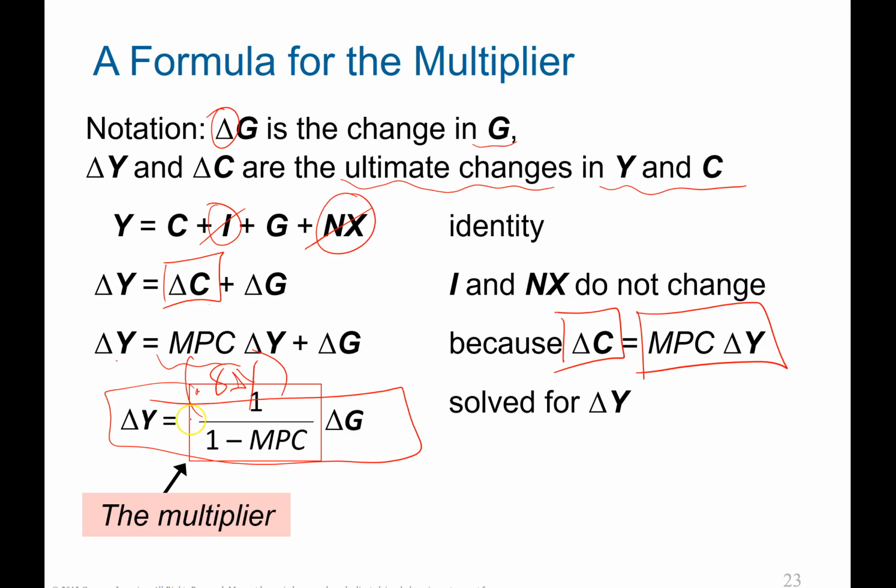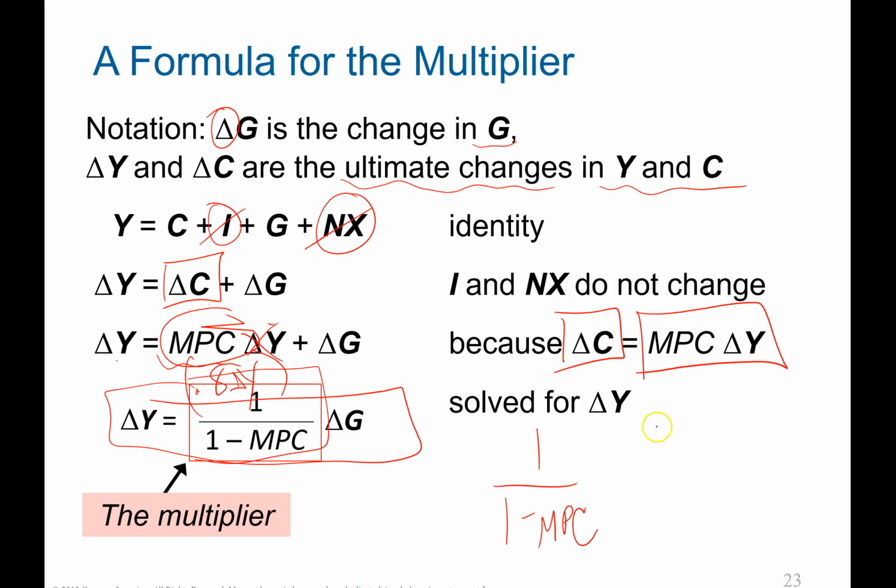Our multiplier is right here, because remember, we've eliminated this. So what we've done essentially is solve for the multiplier. So here's an easier way of seeing the multiplier. And trust me, you're not going to be asked to do this math. I just want you to see where it came from. But the multiplier is 1 over 1 minus MPC.